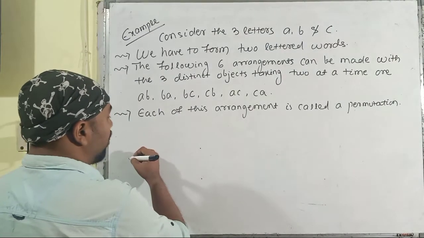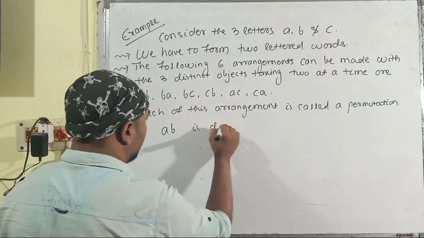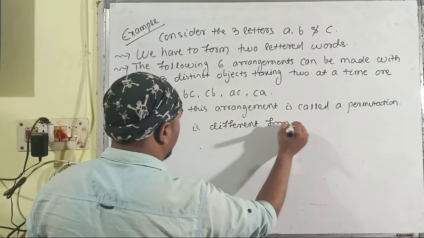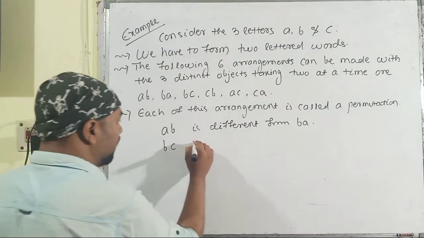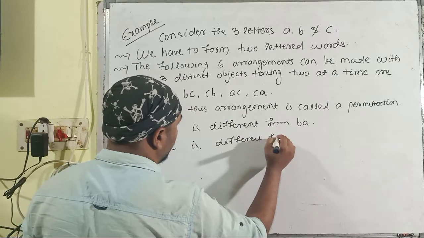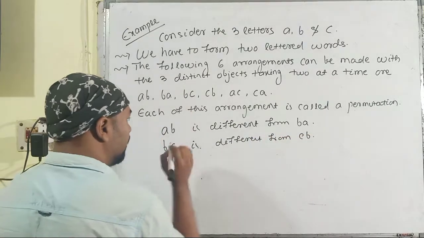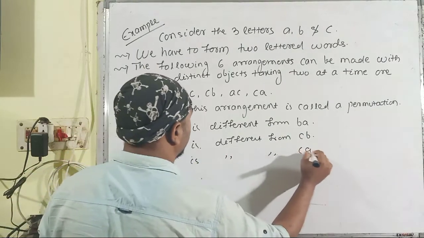So what does order of appearance mean in this problem? AB is different from BA. Similarly, BC is different from CB. Similarly, AC is different from CA.